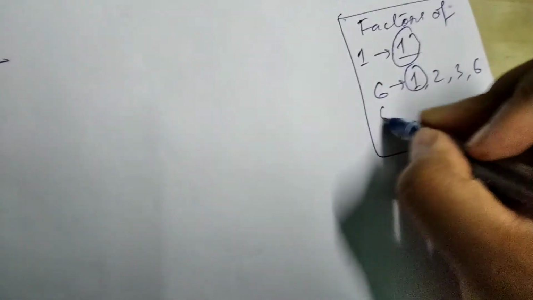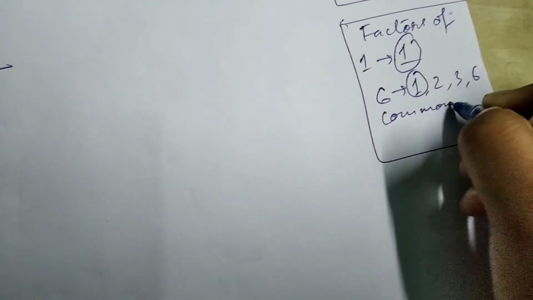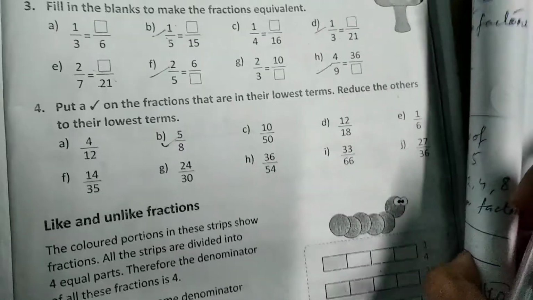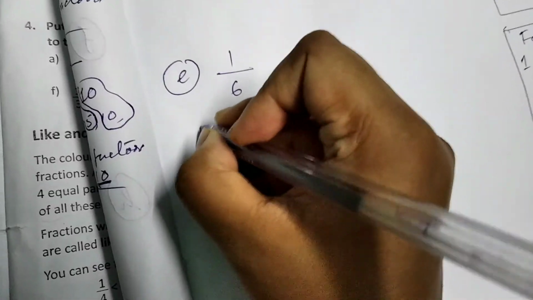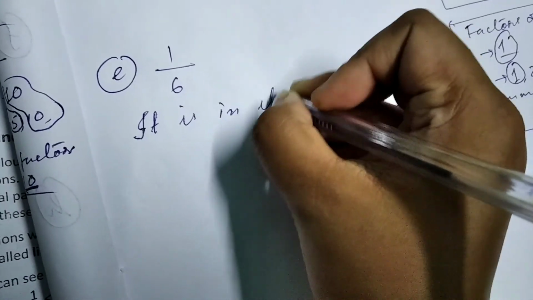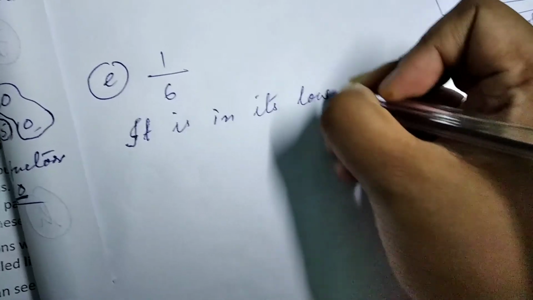It is 1. So the common factor is 1. So for 1 by 6 you just have to tick in your book. 1 by 6 is in the lowest term. So you write there, it is in its lowest term.